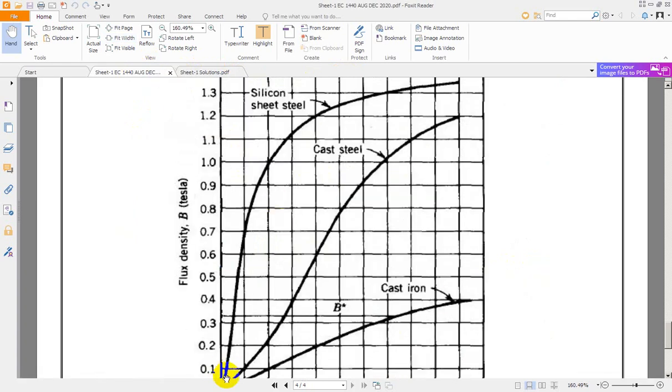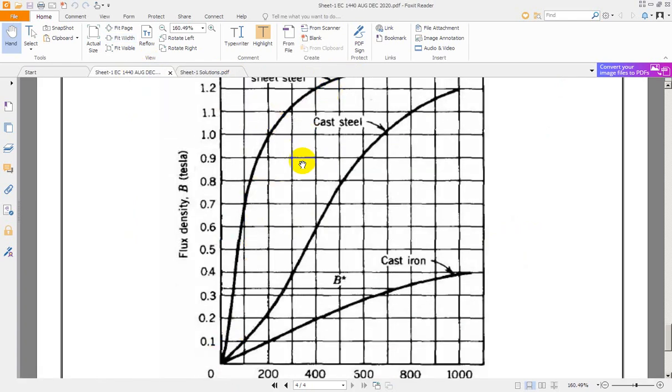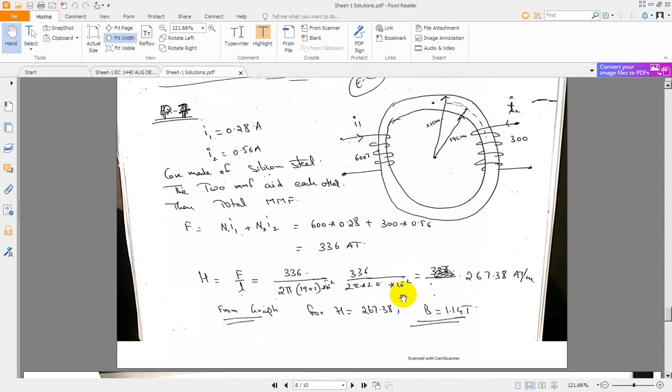So from the graph of silicon sheet steel at 267.38, it is nearer to 1.1, and the value we have selected is 1.14. It means for the field intensity H equal to 267.38, the flux density will be equal to 1.14 from the graph.